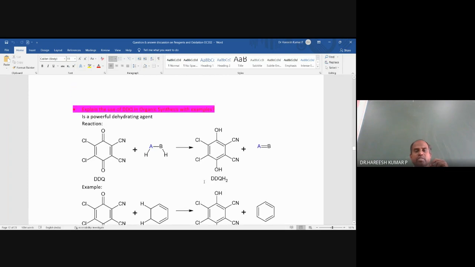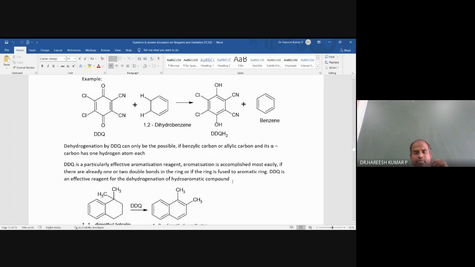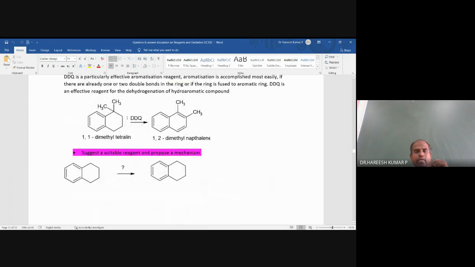Normally, sometimes they will ask you a very general question: write a note on DDQ, how it is useful in organic synthesis. Here this particular compound is called 1,1-dimethyl tetralin. How do you convert 1,1-dimethyl tetralin to 1,2-dimethyl naphthalene?